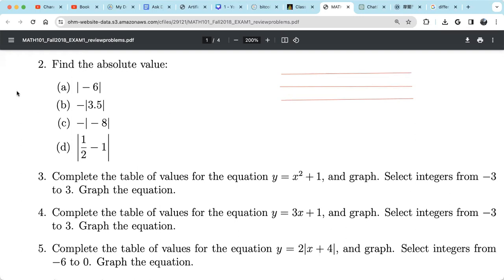Let's pick 7 values. We need an x value, we need a y value, then we have a point.